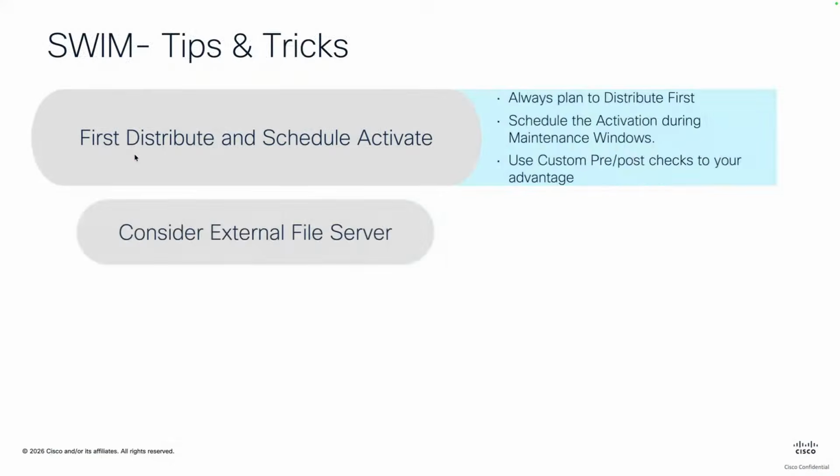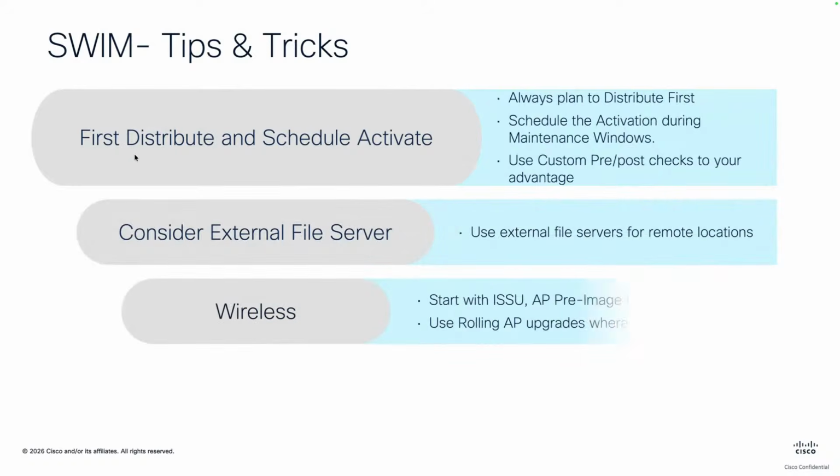About some tips and tricks for SWIM. First of all, you need to distribute and schedule, then activate, right? Always plan to distribute first, so that you are ready to have the software on your devices, and then schedule an activation during the maintenance window. You can do the upgrades with custom pre and post checks to your advantage, so you can define which values you will be checking afterward.